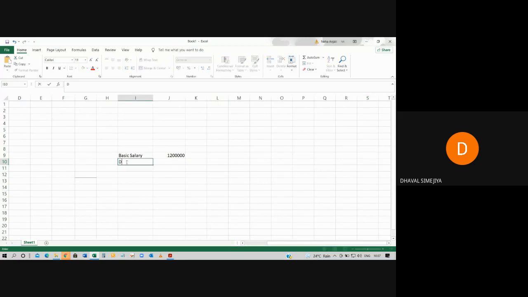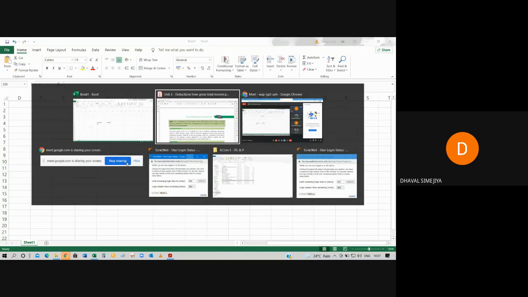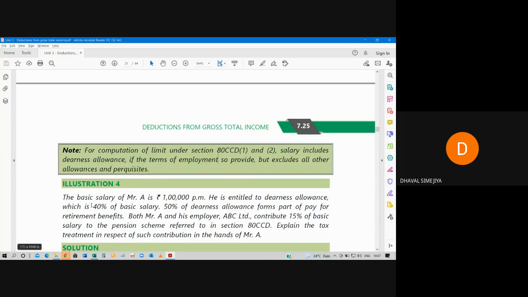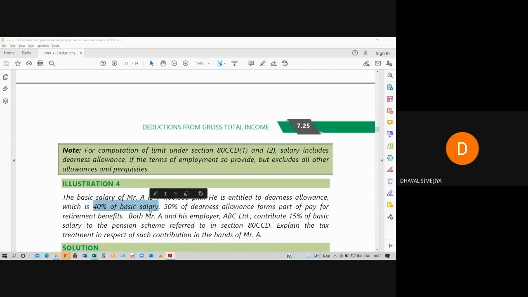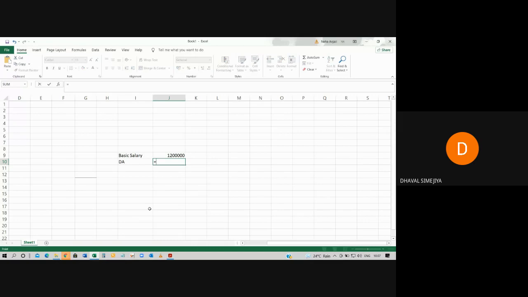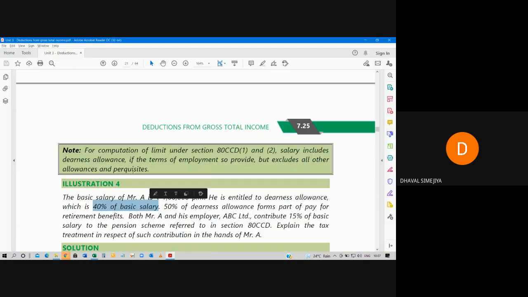Now, dearness allowance. Dearness allowance is 40% of basic salary. So 12 lakh rupees multiplied by 40% is 4 lakh 80,000 rupees. But it is clearly given that salary includes dearness allowance if the terms of employment so provide.